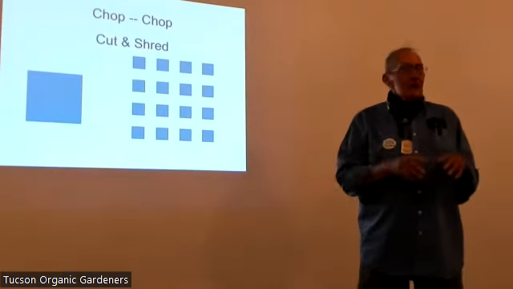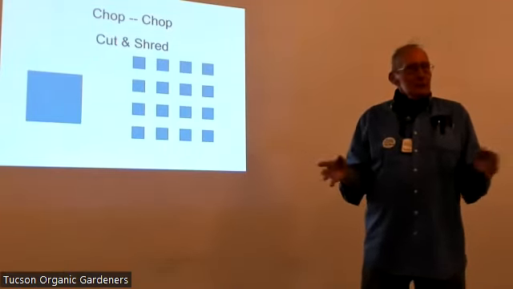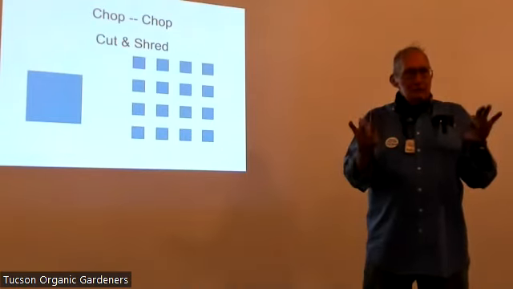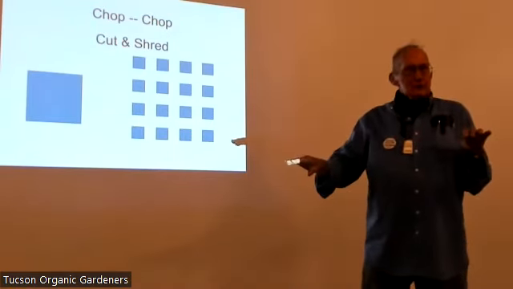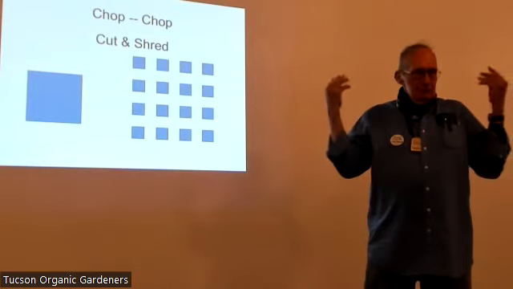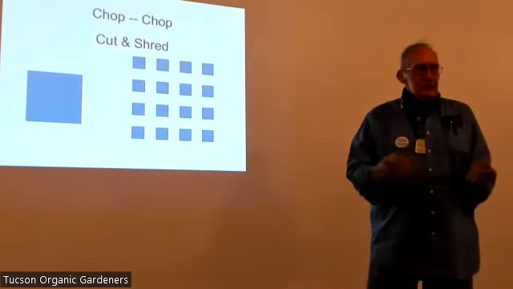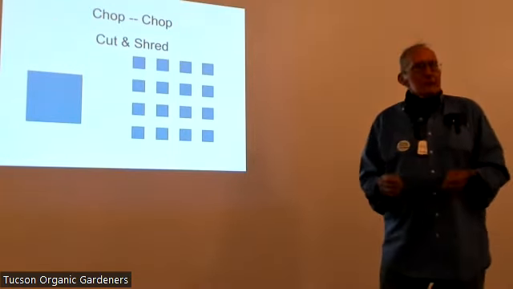So it's the same thing with our food scraps. If you took that broccoli stem and slit it lengthwise, then the bacteria has a field day. They can do it right now.